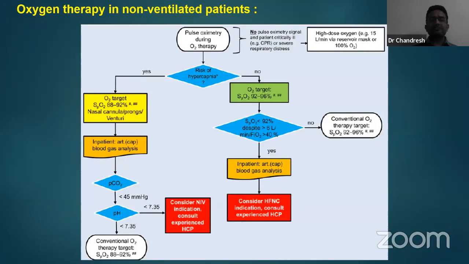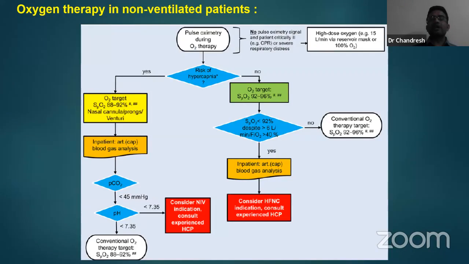So I have just followed one simple algorithm. If a patient's pulse oximetry shows a low level, what will he do? If the oxygen level is between 80 to 92%, and if the patient has a COPD history or is a smoker who has a high risk of hypercapnia, our target PCO2 should be less than 45, and you should continue the conventional oxygen therapy with the targeting of SpO2 between 88 to 92.